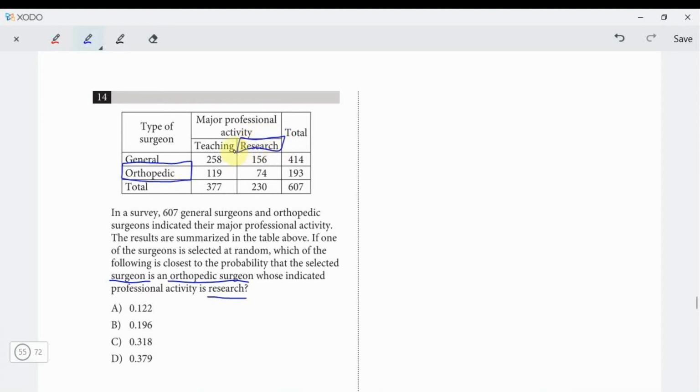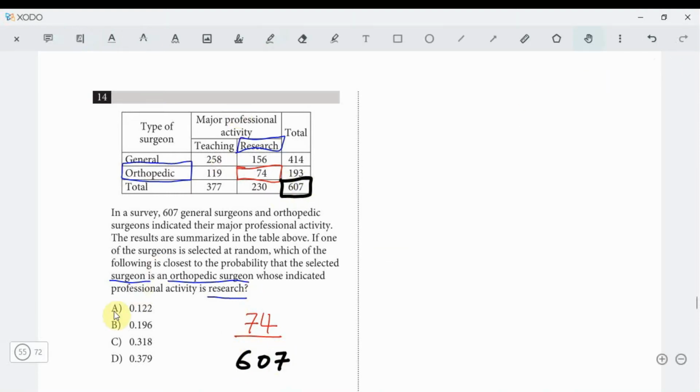That would be the intersection here, only 74 surgeons are orthopedic and doing research. So that probability is 74 out of all possibilities. The total number is 607.